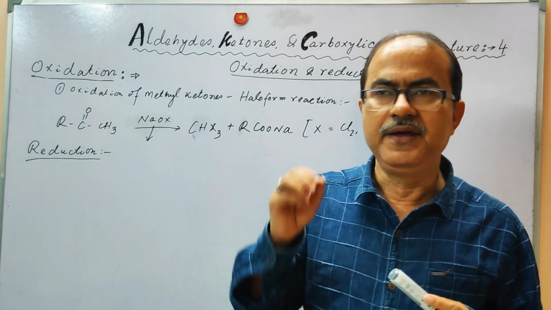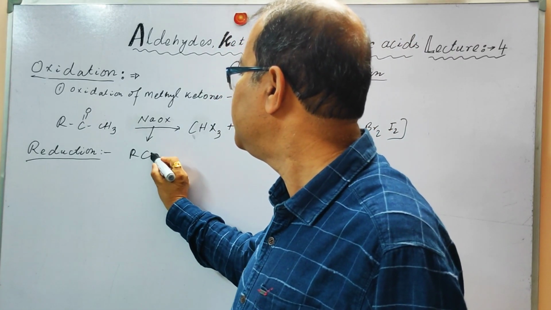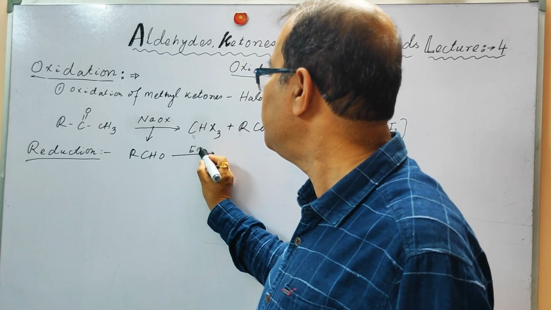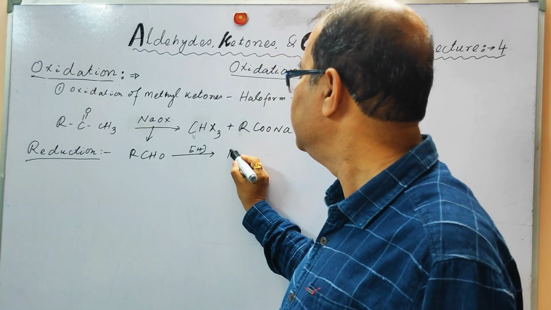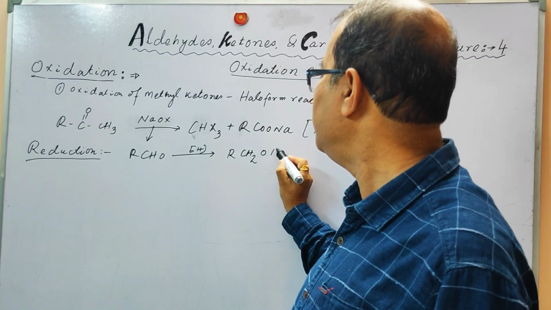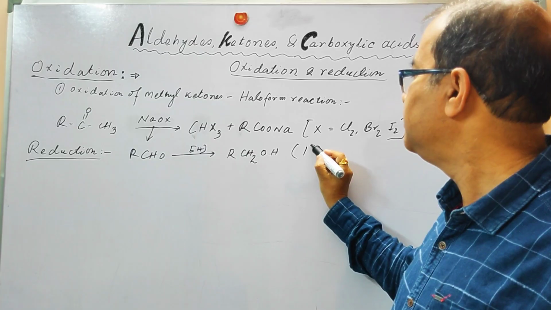It is a very important and simple rule. Suppose this is an aldehyde. When an aldehyde is reduced, it will produce an alcohol. This alcohol is the first degree alcohol, we will call it a primary alcohol.